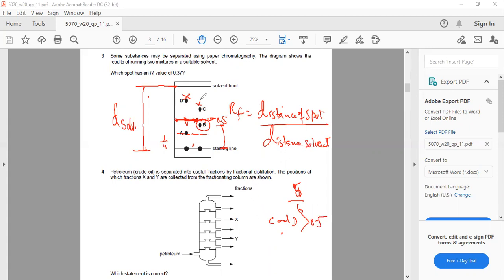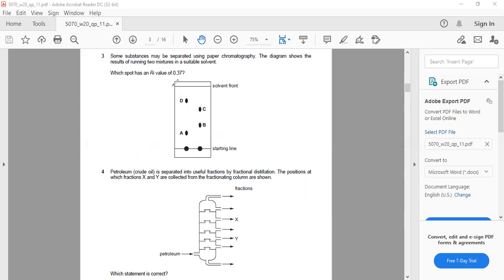Okay, so what is the quick way to do this? 0.37. From here to here is the solvent front. So roughly this is the middle of the distance covered by the solvent.